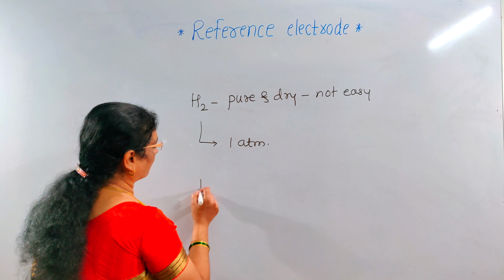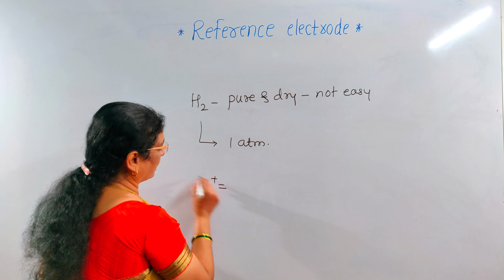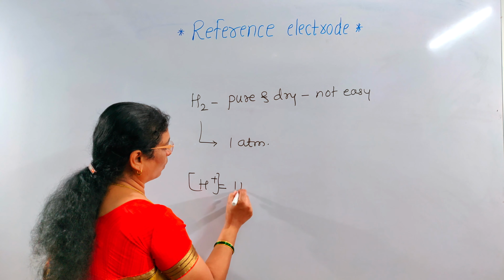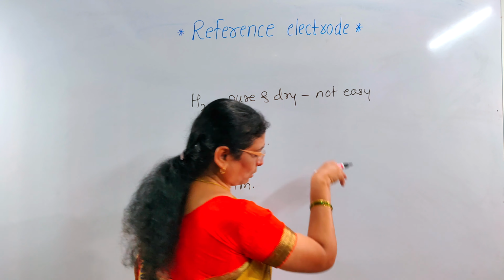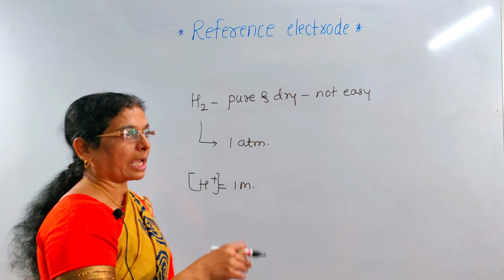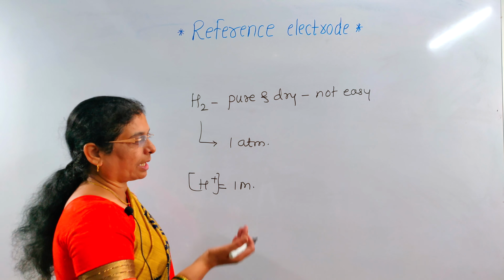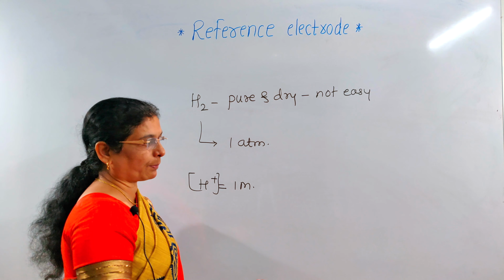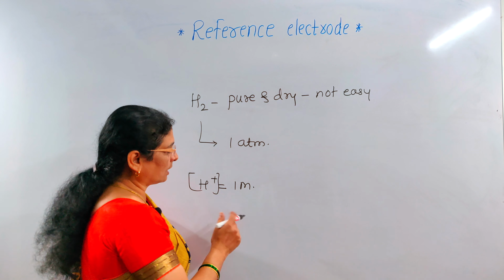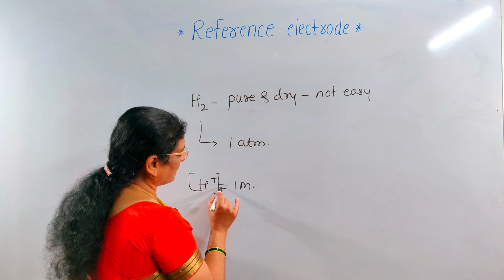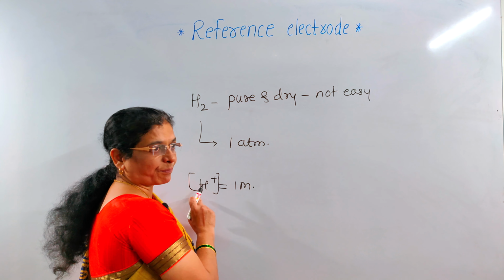Again we have said that the concentration of H plus ions must be equal to 1 molar. But remember that hydrogen gas is passing into the solution, and so the bubbles are created, and so some of the water will evaporate or will escape from that solution, and due to this the concentration of H plus ions cannot remain as 1 molar.